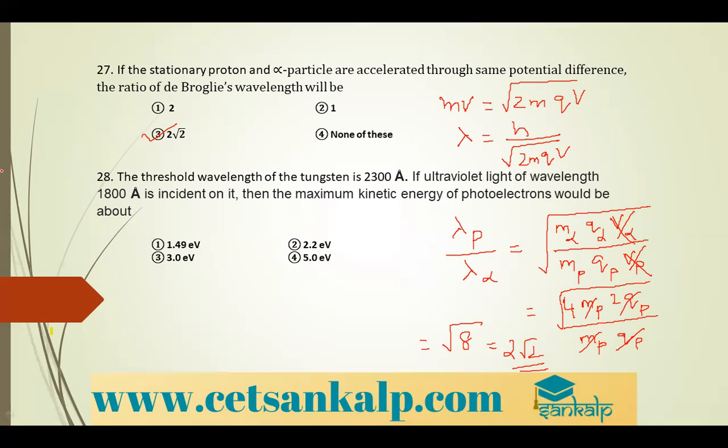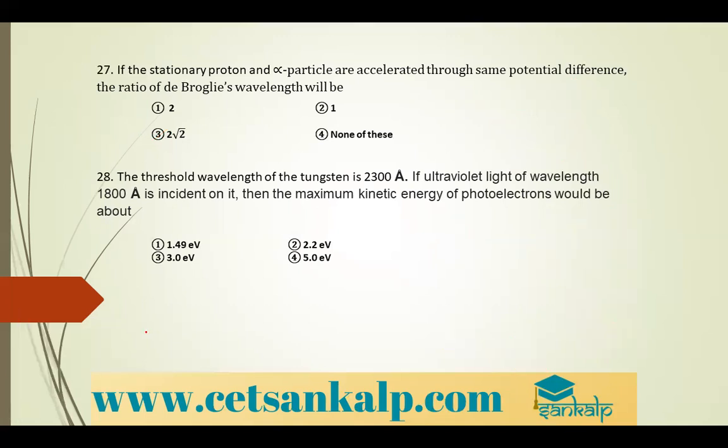The next problem. The threshold wavelength of tungsten is 2300 Angstrom. If UV light of wavelength 1800 Angstrom is incident on it, then the maximum kinetic energy of the photoelectrons would be about.